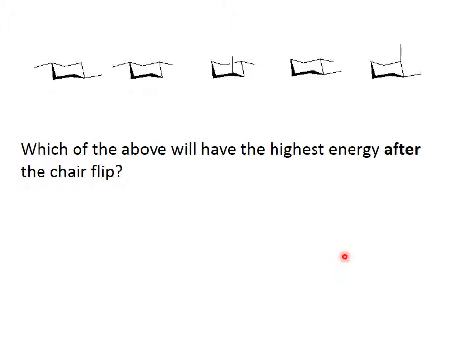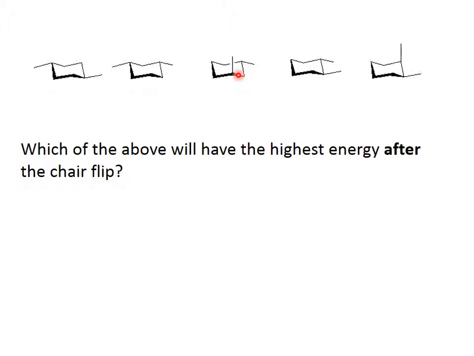Okay, which of the structures above will have the highest energy after a chair flip? So look at one and figure out which will be highest energy after a chair flip. If I look at this, these two are equatorial, so they'll both become axial. These two are equatorial, and they'll both become axial.